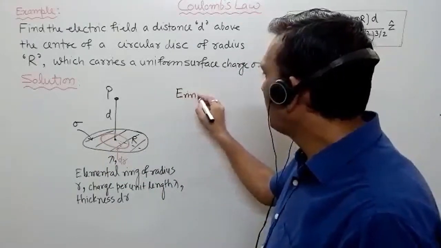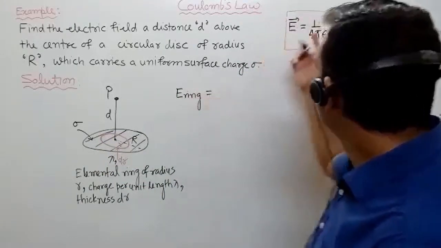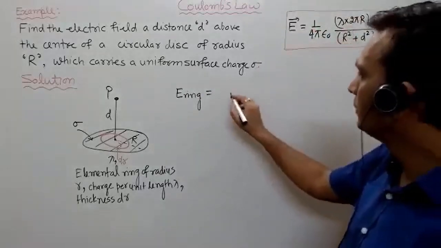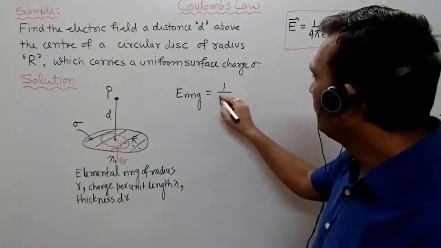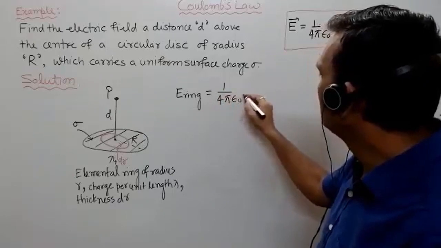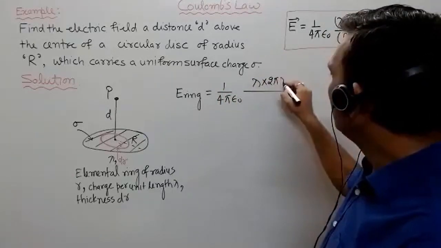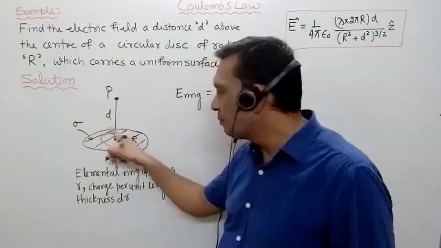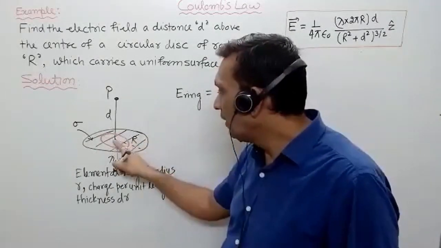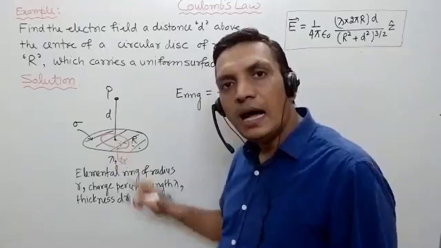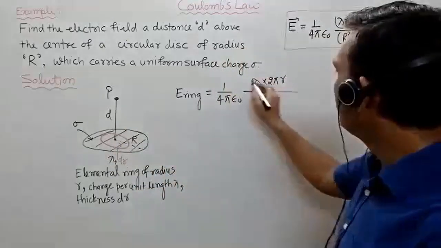So what will be electric field due to ring? You know this relation: 1 by 4 pi epsilon naught, lambda into 2 pi small r. Lambda I have assumed charge per unit length on the ring, and radius is small r, so lambda into 2 pi r.